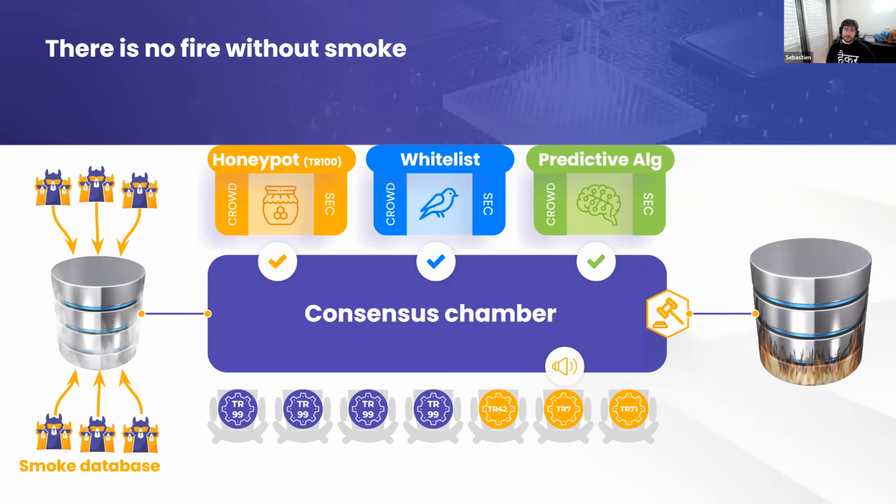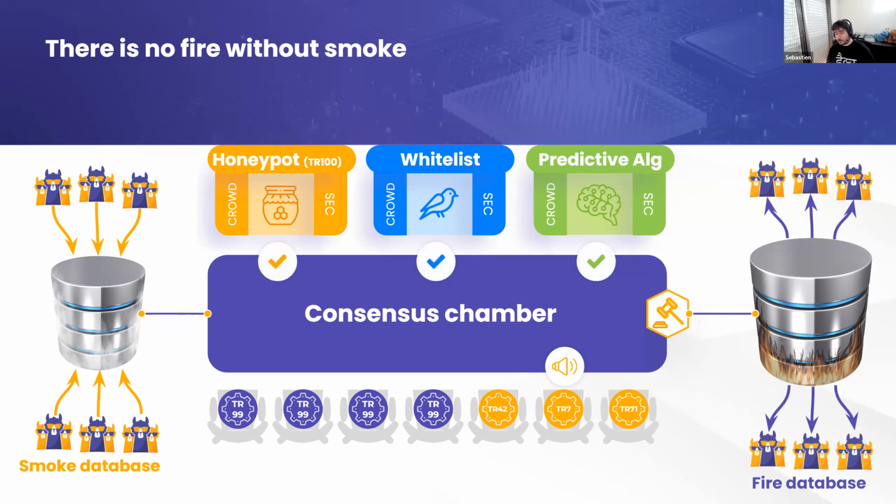And so when we take the decision to add an IP to the community block list, this is what we call the fire database. This is the database that will be queried by your local CrowdSec instance to get the known bad IPs. And we will distribute to you only IPs that are relevant to you.